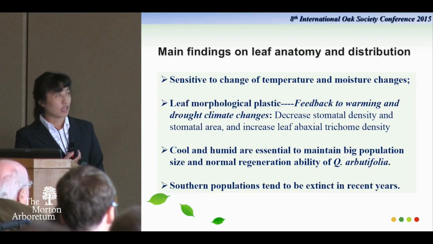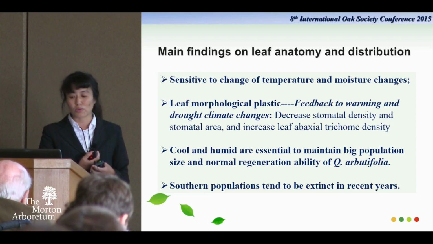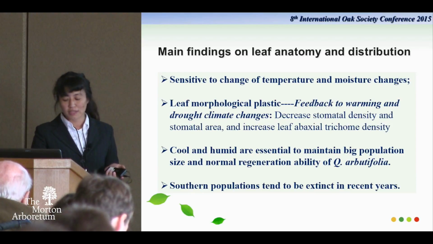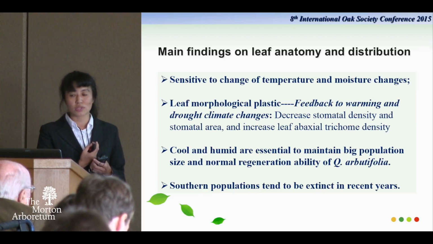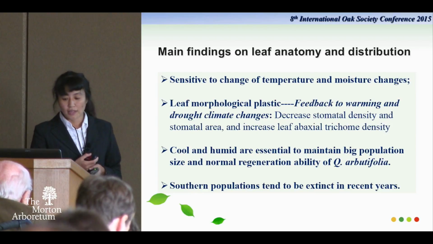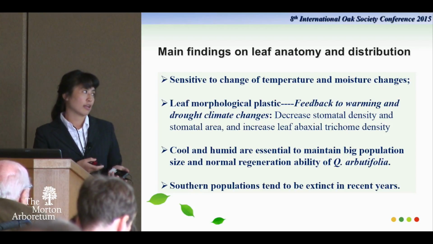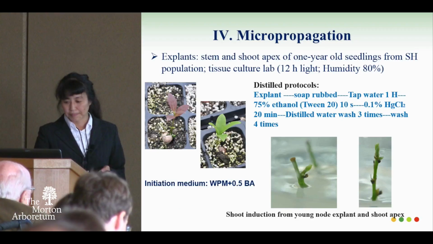And leaf morphological plasticity is happening, a kind of feedback to the warming and drought climate change. The cool, humid conditions are essential to maintain big populations, because all of the populations with regeneration abilities are located in the north, the cooler area, so it's probably important for those species. And the southern populations seem to suffer a lot and can go extinct very easily in the next few years.